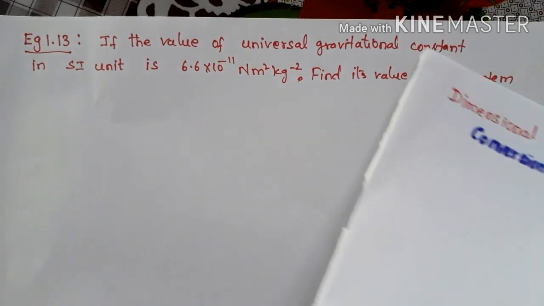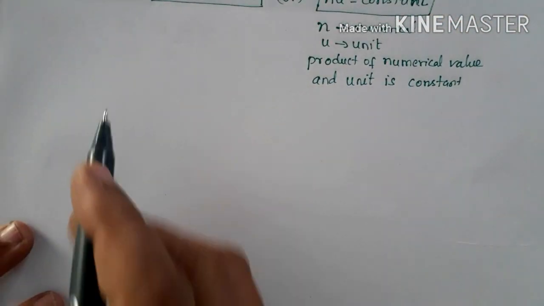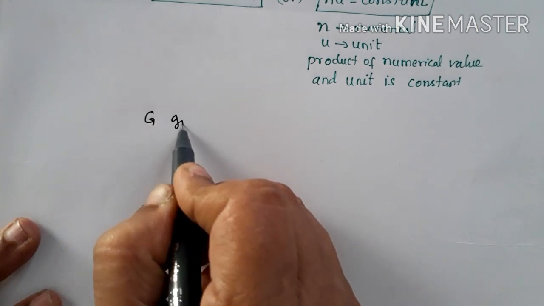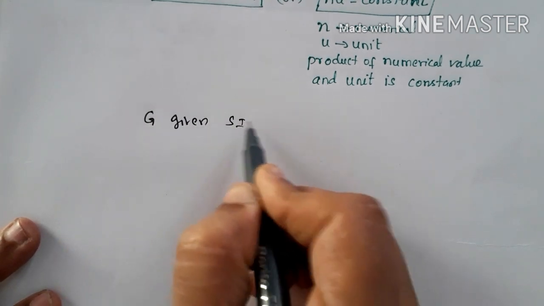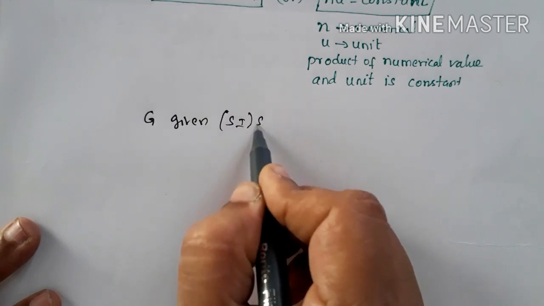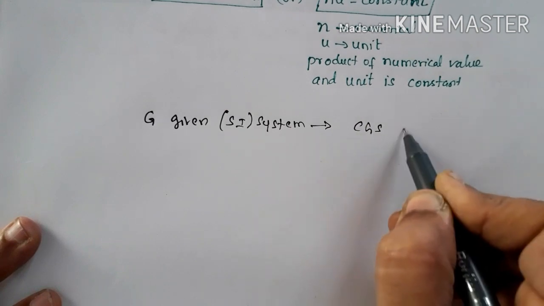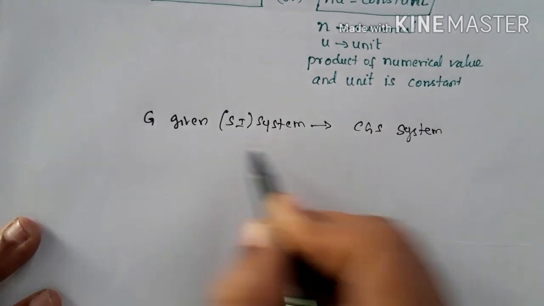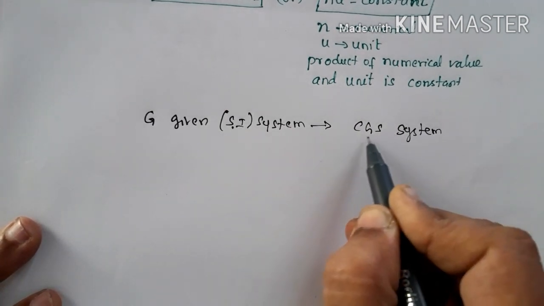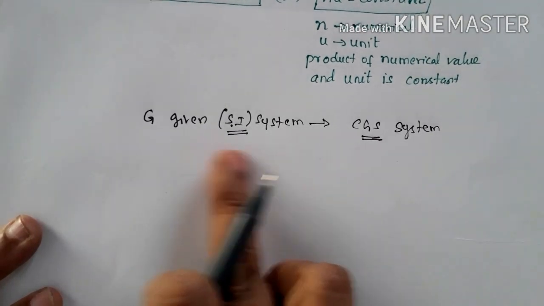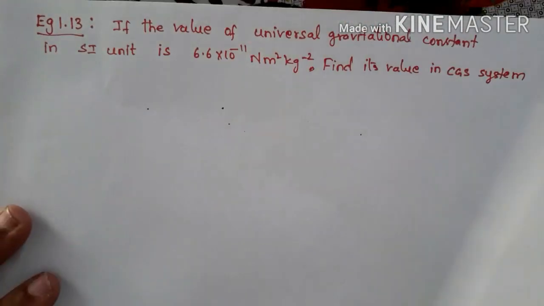From this you can understand that the gravitational constant value is given in SI system. This you have to convert into CGS system. Remember this: SI system is to be converted into CGS system.